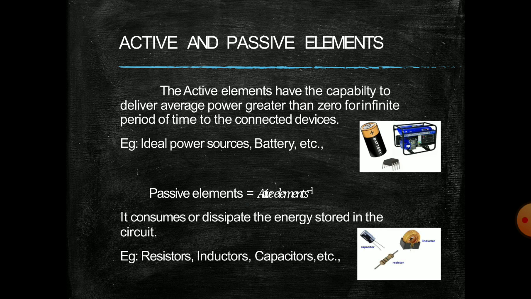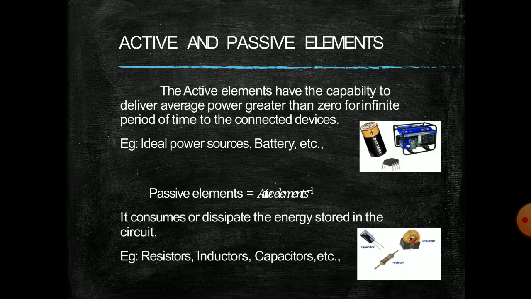Active and passive elements. The active element has the capability to deliver average power greater than 0 for an infinite period of time to connected devices, for example ideal power sources, batteries, etc. It means someone is giving power to another element.